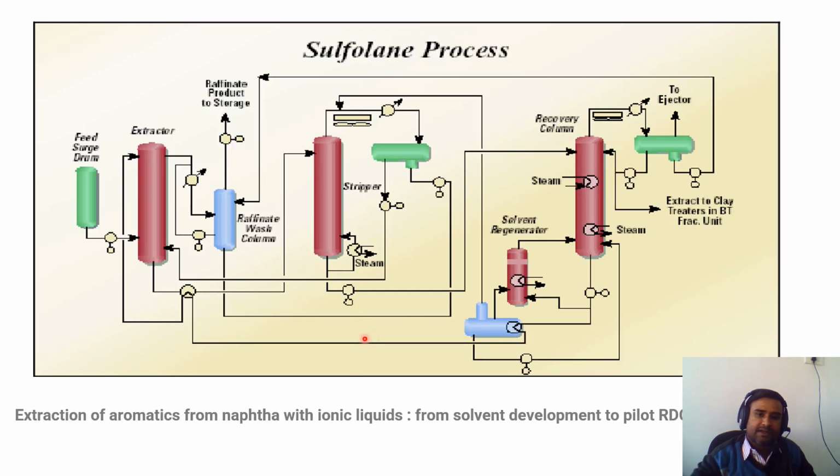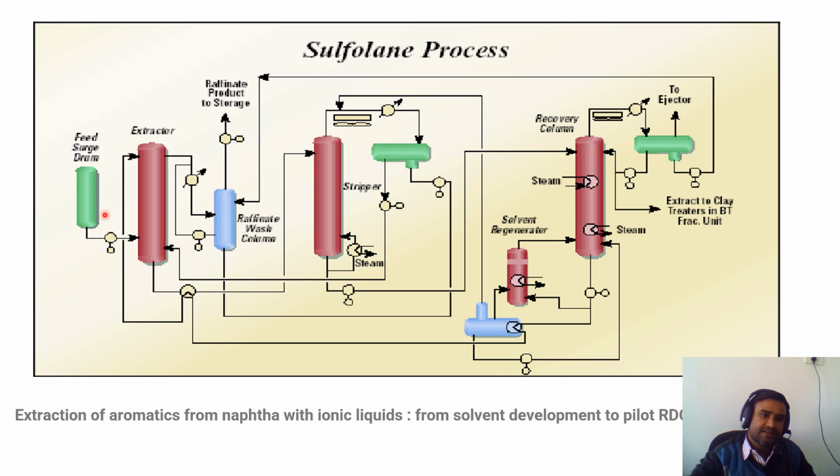You can see a typical diagram of the sulfolane process for solvent extraction of aromatics. Here is a feed drum. This feed drum contains the mixture of aromatic and non-aromatic compounds, either in the crude oil, the naphtha, or other raffinates or heavier compounds obtained from the refinery which contain aromatics.